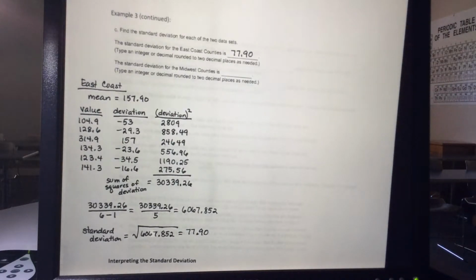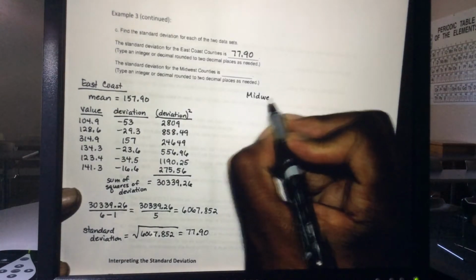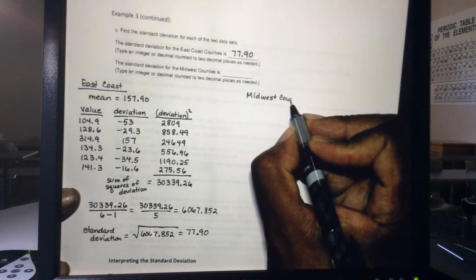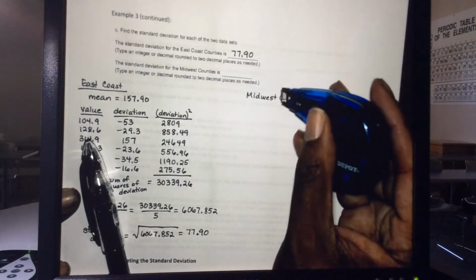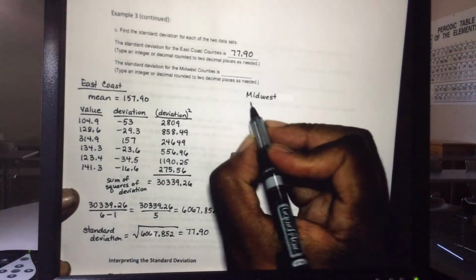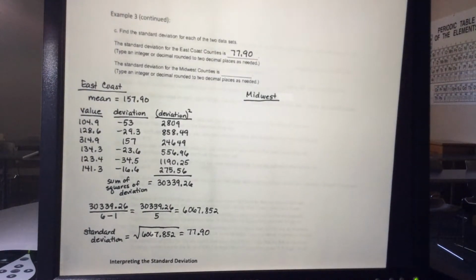All right, now we're going to do the standard deviation for the Midwest counties. And you know what, to save time, I'd rather do this on the calculator.